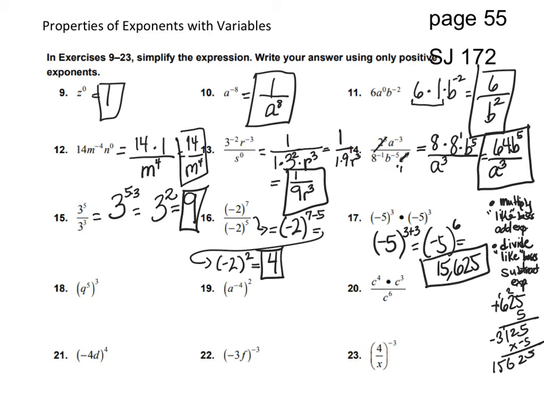All right, 18. I have a base of q to the 5th power and then raised to the 3rd power. This is called power of a power. And I'm going to erase this math over here so I can put this next rule. Here's another rule you have to remember. When you have what's called power of a power, two exponents stacked on top of one another, you multiply the exponents.